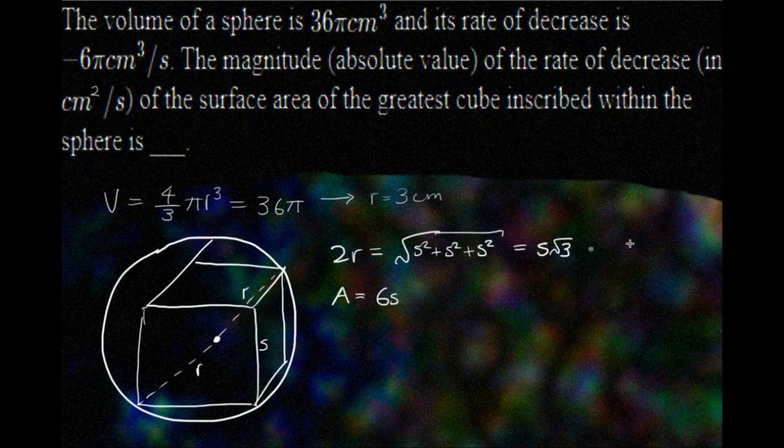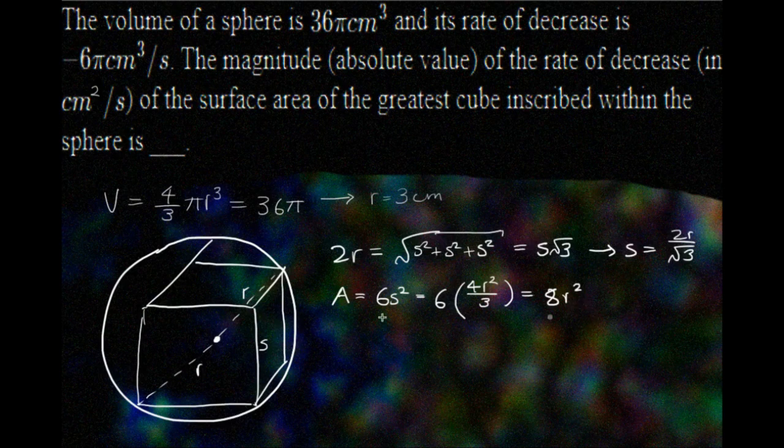If we solve for s, we get s equals 2r over root 3. So we can plug that in: 6s squared equals 6 times 4r squared over 3. You can cancel this out and you get 8r squared.